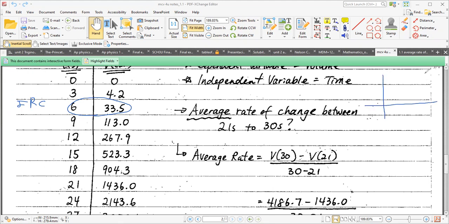What is the mean value theorem? If you have a curve here and you want to find the instantaneous rate of change at this specific point, you know it's going to be the slope of the tangent line. Let me just show you what difference. Slope of tangent line. The tangent line just touches your graph at the point and not other points. So the slope of this line will give you the instantaneous rate of change at this point.